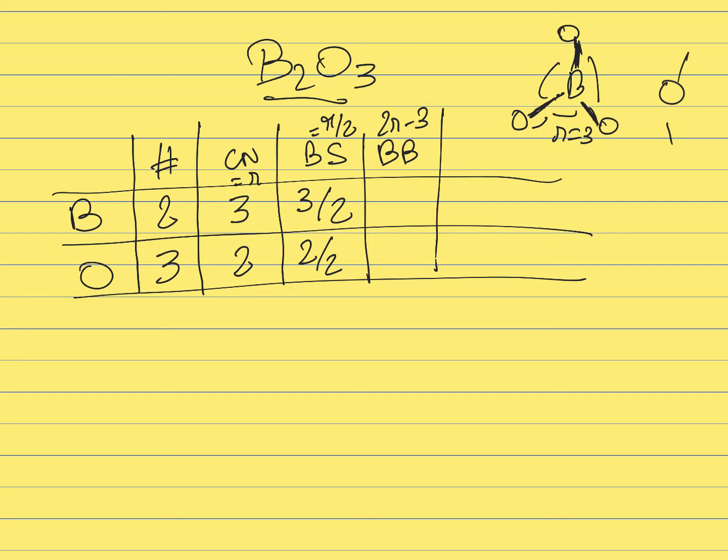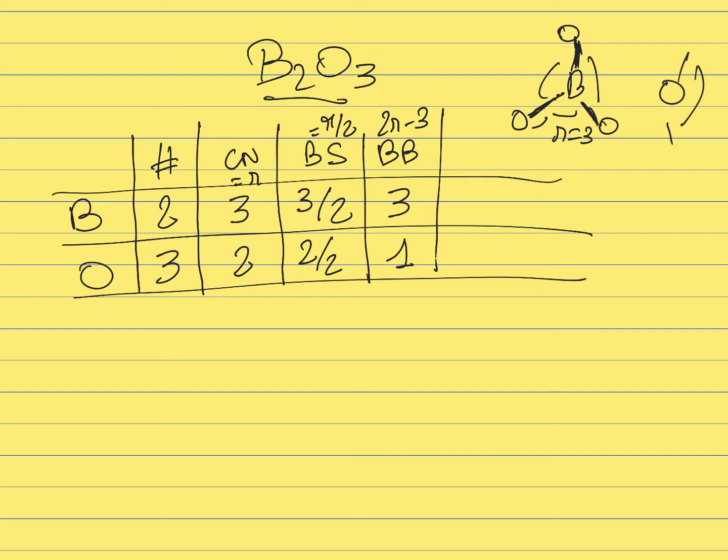That's 2 times r, so 2 times 3 minus 3 equals 3. In the case of the oxygen, you have only 1. It has a coordination number of 2, so 2 times 2 minus 3 equals 1. So you have only 1 bond bending constraint. So you will have 3 bond bending constraints for each boron and 1 bond bending constraint for each oxygen.